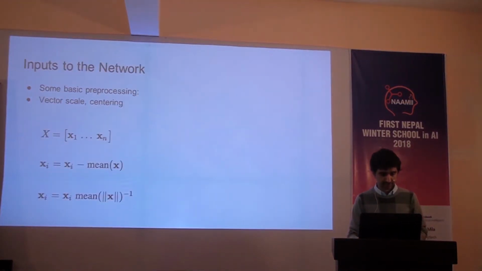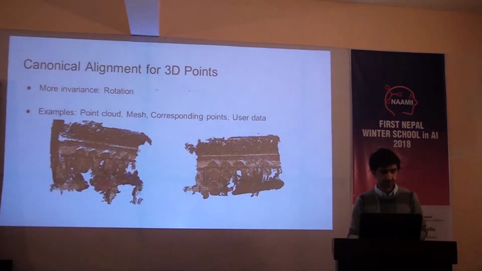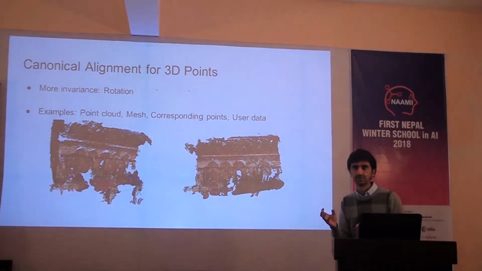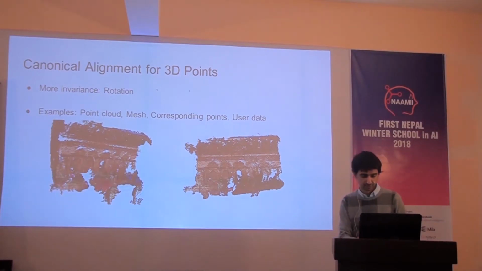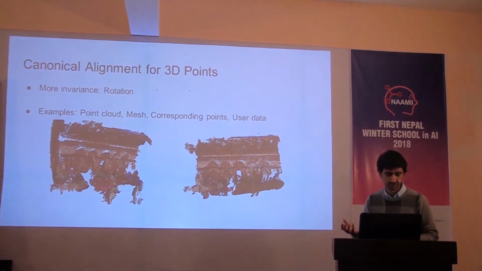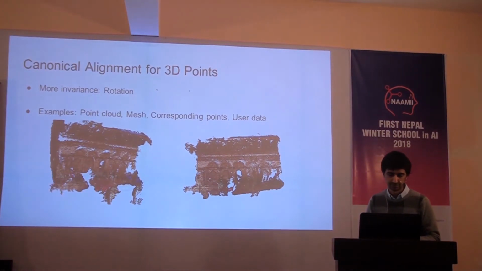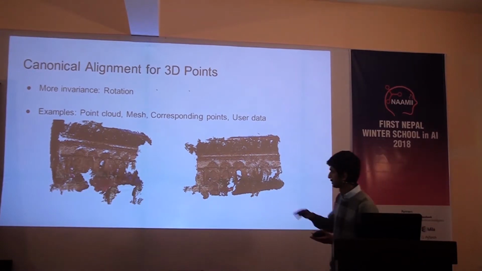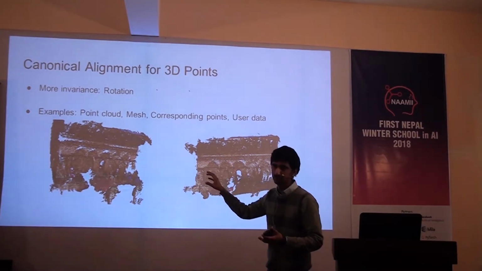So the next thing is, for point clouds, you might want to rotate the points to a particular configuration, because we have one more thing that we don't want our network to be variant to for 3D point clouds. For example, this and this are the same point cloud.